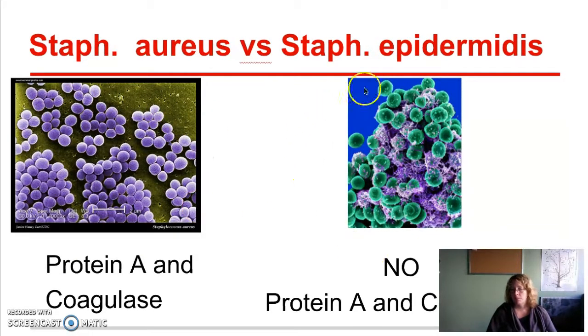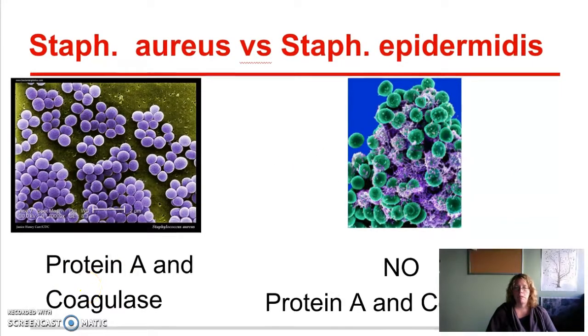If we mix it with Staphylococcus epidermidis, we're not going to see clumping because those antibodies cannot attach to anything on epidermidis, but they can to aureus. So on the Staphylococcus aureus sample, you should have had a positive result or clumping, and on the Staphylococcus epidermidis, you should have had a negative result, no clumping.